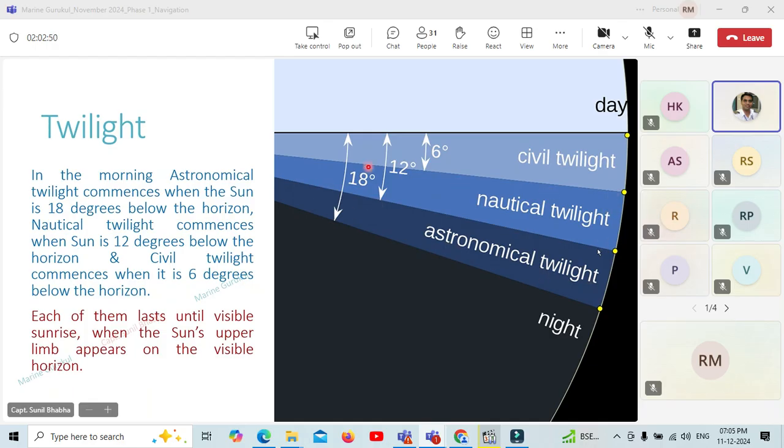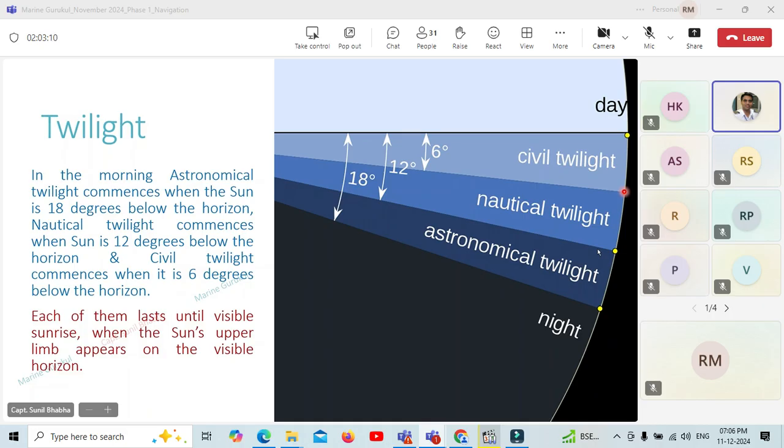The middle portion is what is important from the point of view of the navigator for the purpose of sight taking. This period is the commencement of nautical twilight to the commencement of civil twilight.